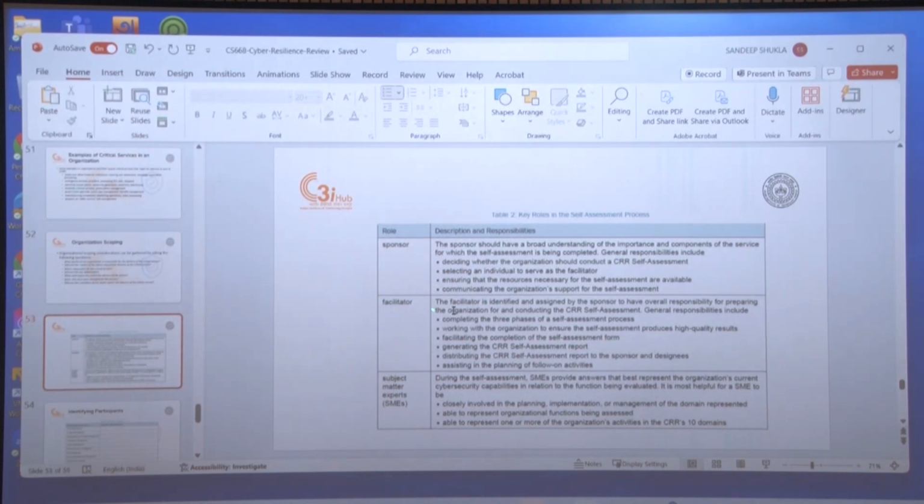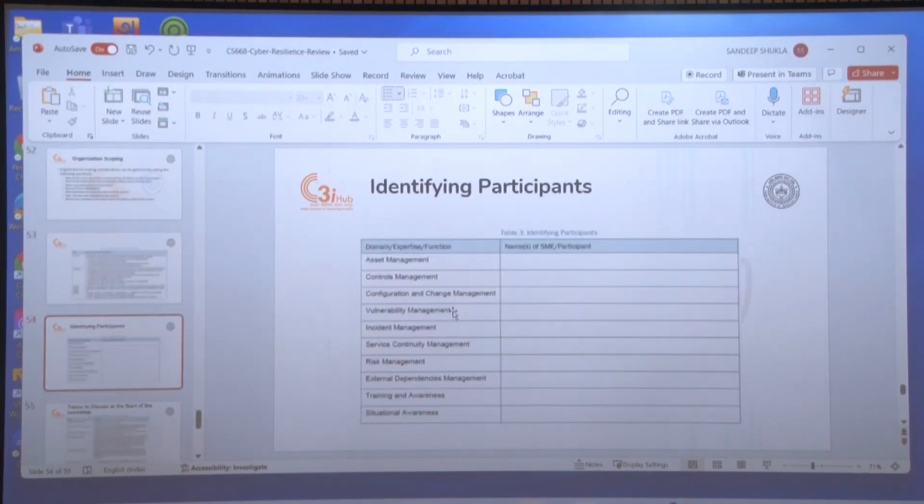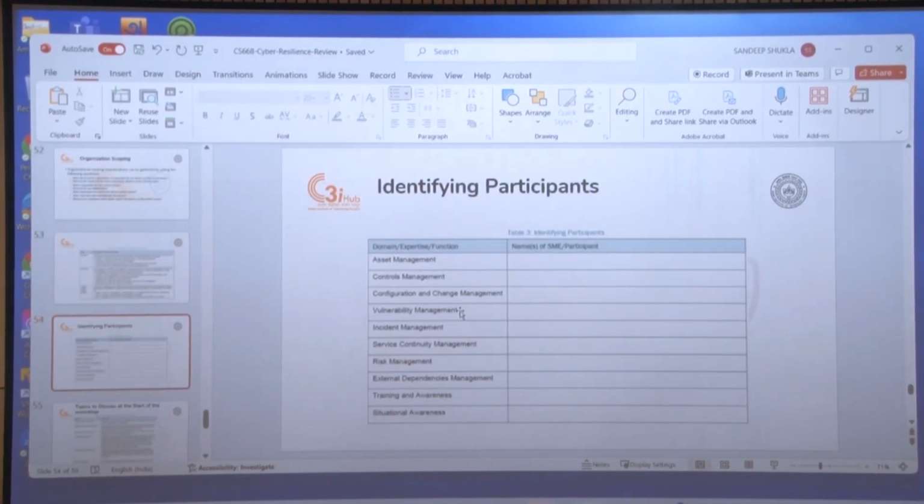There would be a facilitator, either from inside the organization or from Homeland Security, and then there would be subject matter experts who will interpret the questions for you, because you may not even know what it means to assign or connect an asset to a particular service, or what it means to define the controls and so on. So you need subject matter experts.